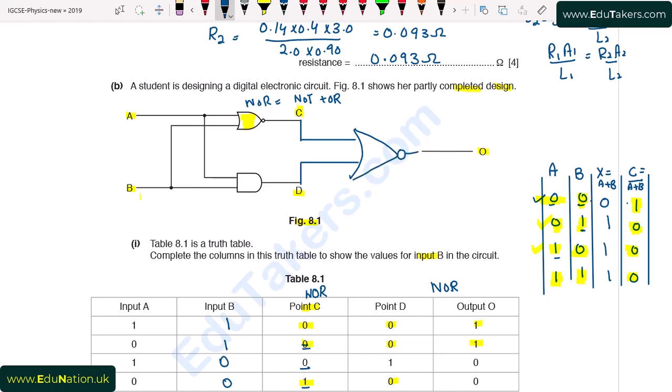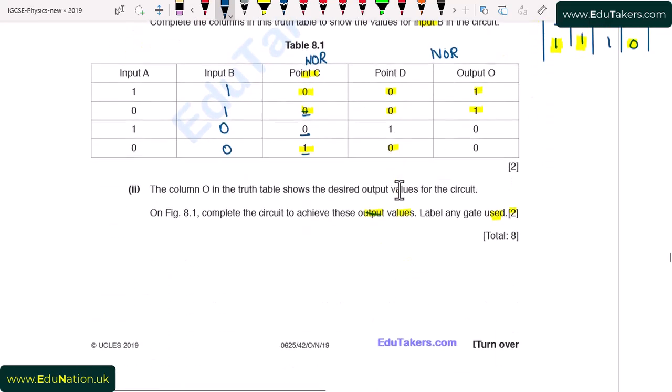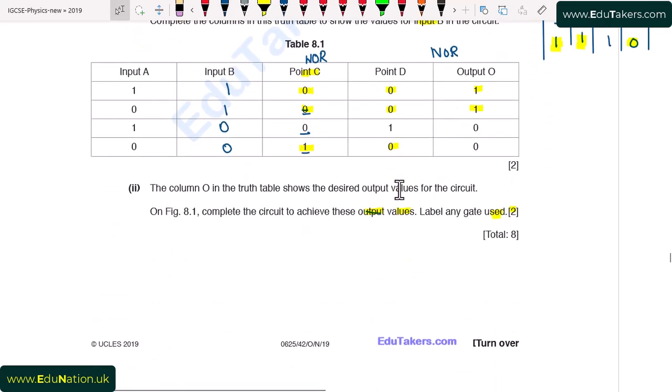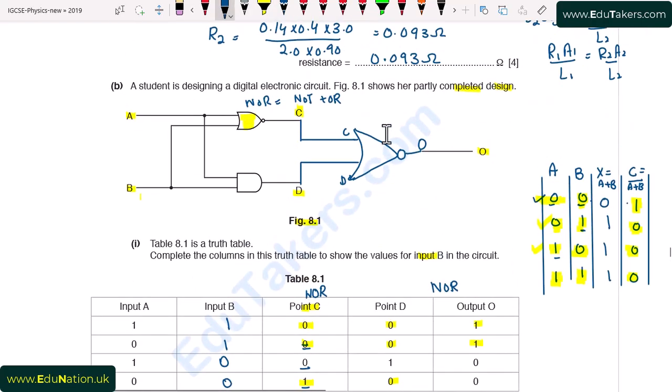This bubble shows the NOT gate and the output of this is represented by O. So it is input C and it is input D. So this is a complete circuit diagram for this. I write here, this is NOR gate.